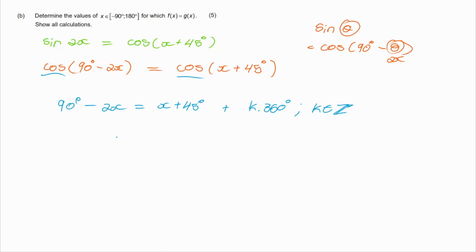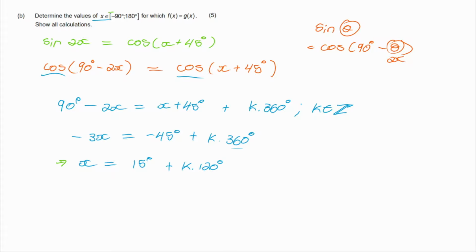Now we need all the x's on one side, normally on the left, so we have negative 3x is equal to negative 45 degrees plus k times 360. But they're asking for the values of x, so we just need x by itself. We divide everything by negative 3. So this should be 15 degrees plus k times 120. Do not forget to divide 360 by 3 as well. So this is the general solution for x.